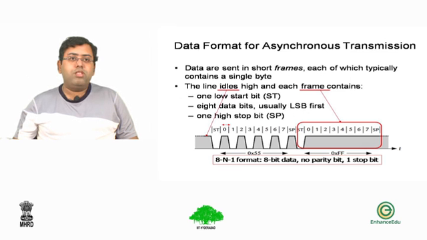So data is usually sent in short frames, typically consisting of a single byte, and a high to low transition basically indicates the start of a frame, and then at the end of the frame you have a stop bit and a parity bit, which basically indicates that the data frame has ended.